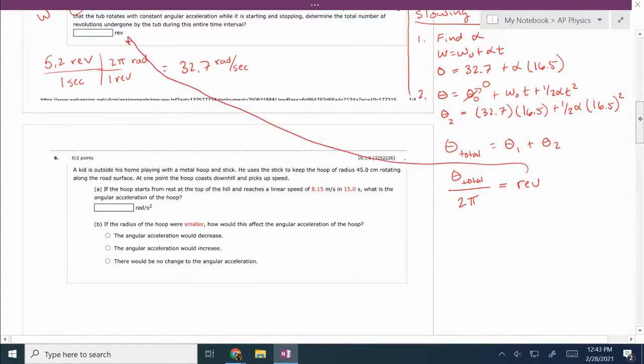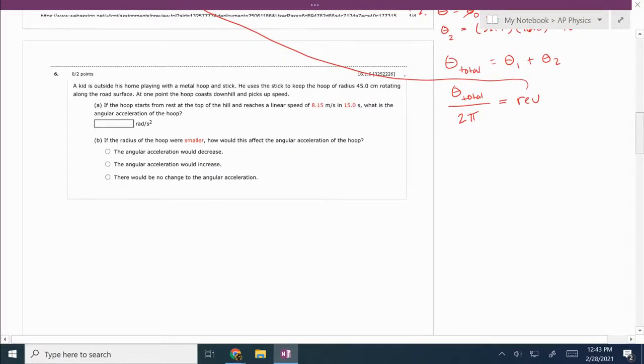All right. So next, looking at number 6 here, we have a kid outside his home playing with a metal stick and hoop. He uses the stick to keep the hoop, with a radius of 45 centimeters, rotating along the surface. At one point, the hoop coasts down the hill and picks up speed.